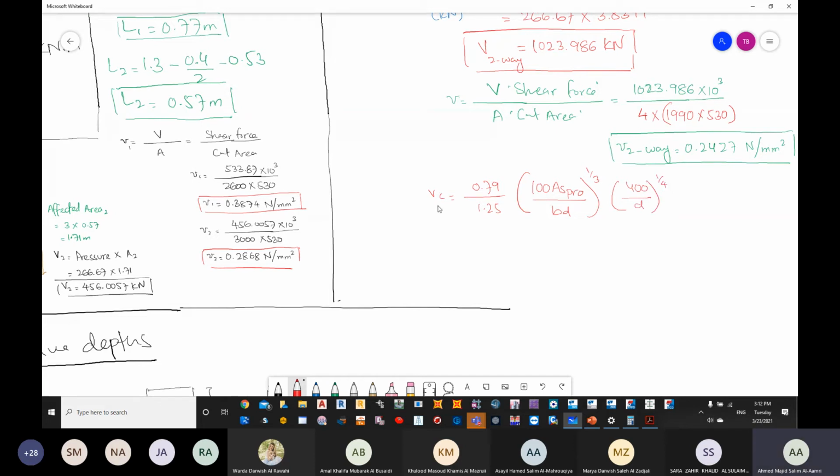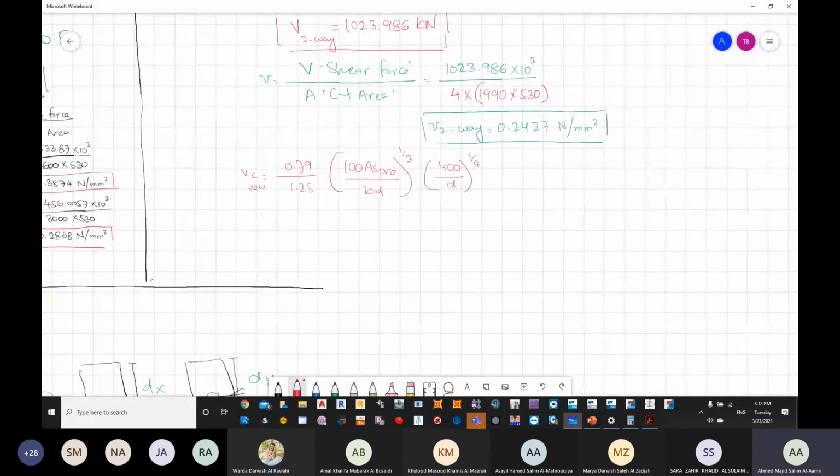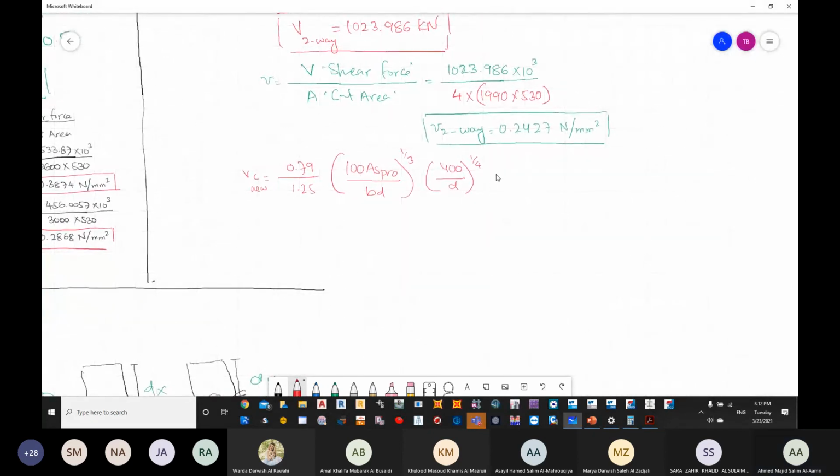And then directly you can shortcut the other things by multiplying directly by (FCU divided by 25) to the power of 1/3. If you remember, we said this particular portion is for the value of VC, and we said the value of VC should be modified if your grade of concrete is more than 25. So this is a modification now. I just multiplied everything in one equation.